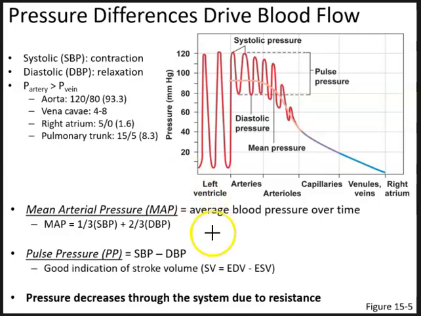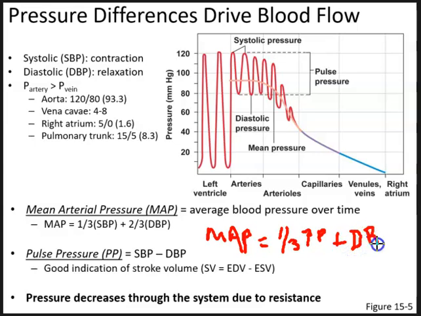So let's write this out. MAP equals 1/3 pulse pressure, which we'll put as PP, plus diastolic blood pressure. Okay, so for example, we know that our systolic blood pressure in the aorta is 120 millimeters of mercury, and diastolic blood pressure is 80.